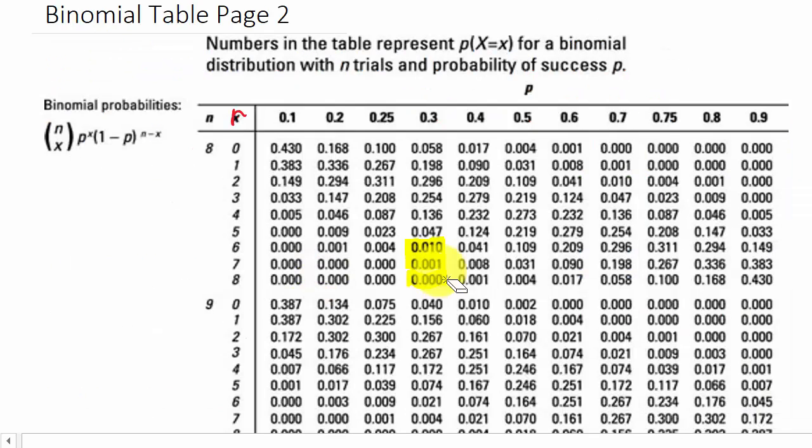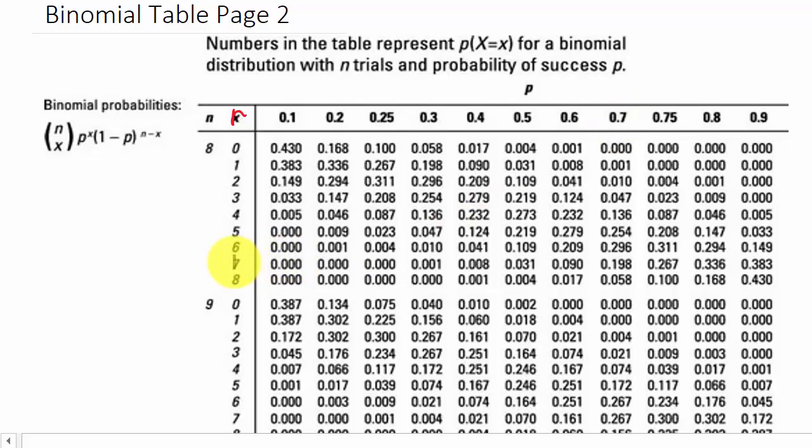All right, so now we're here where N equals 8, R equals 5, but remember this time, since we're finding the probability of a male, that was 0.7. So we're over here on 0.7 now.